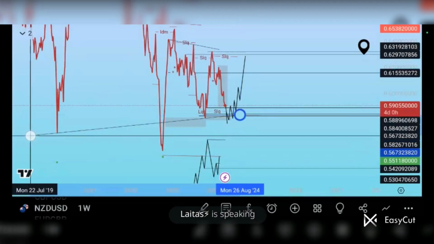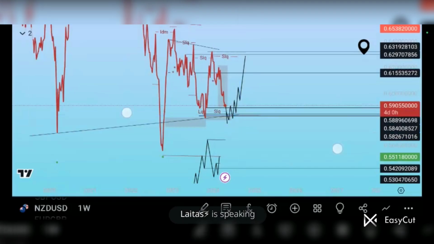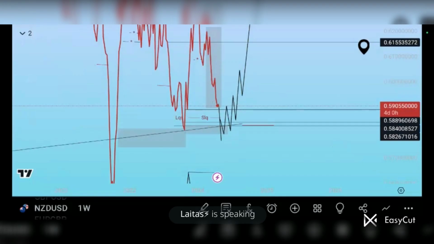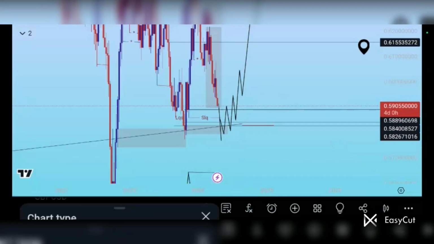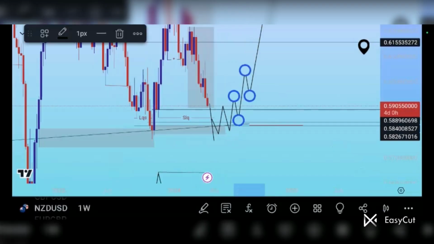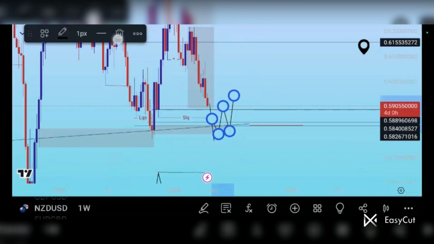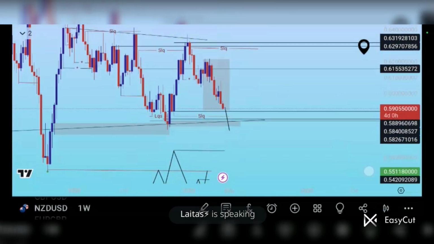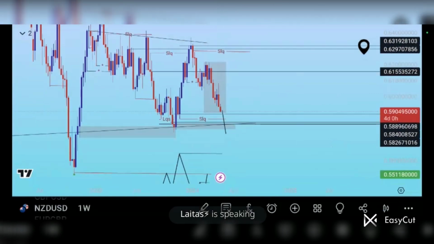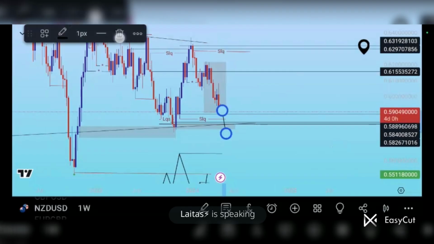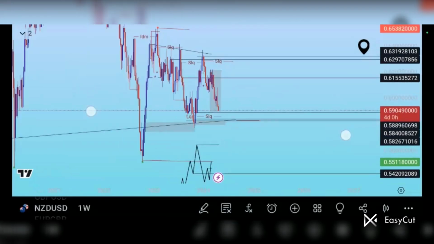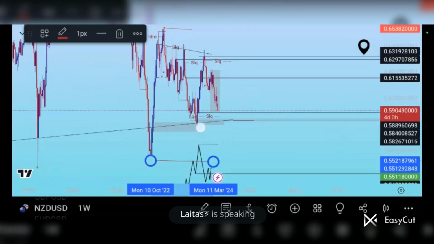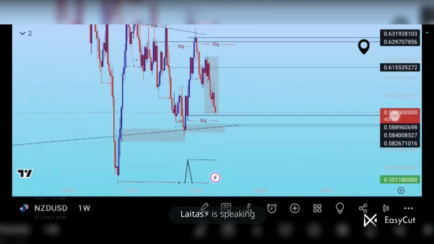So this will be my confluence for the buy here. I'm expecting a buy from this place actually. Support, fake out, support, then buy.